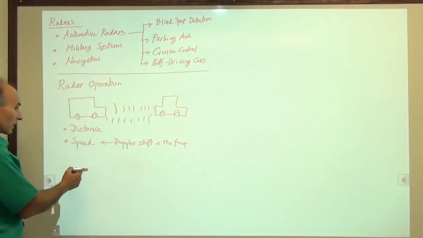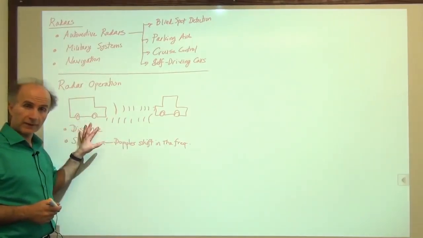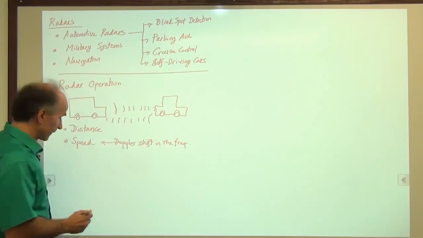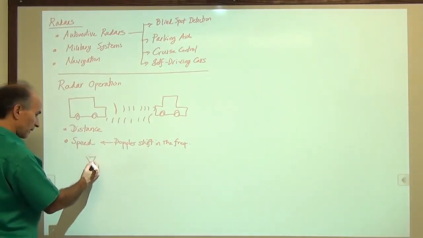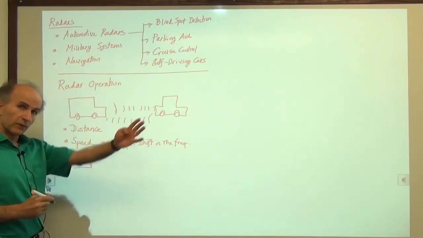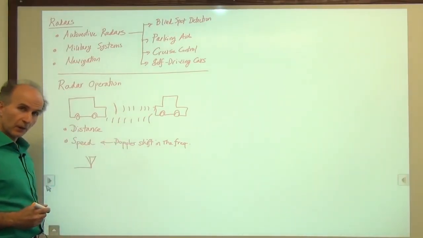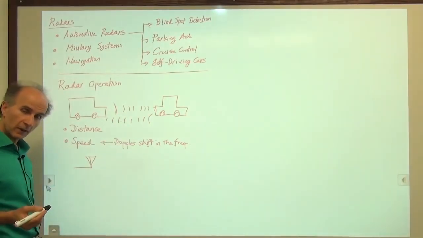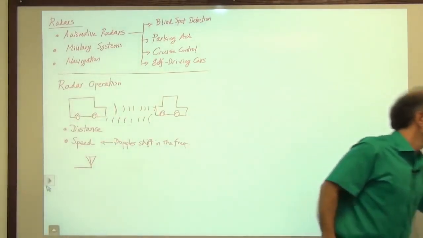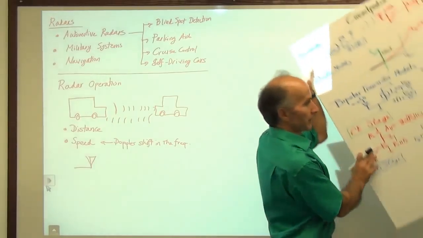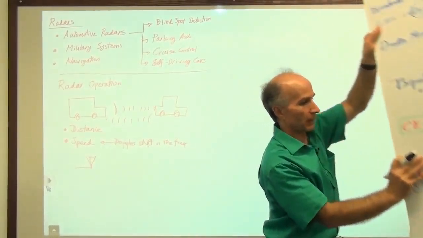All right, so let's try to build a radar system based on these principles. We need to transmit a wave out this way. All right, how do we generate a wave? Remember from the Bluetooth example? So here, I'll put the Bluetooth example up here so that you can remember.